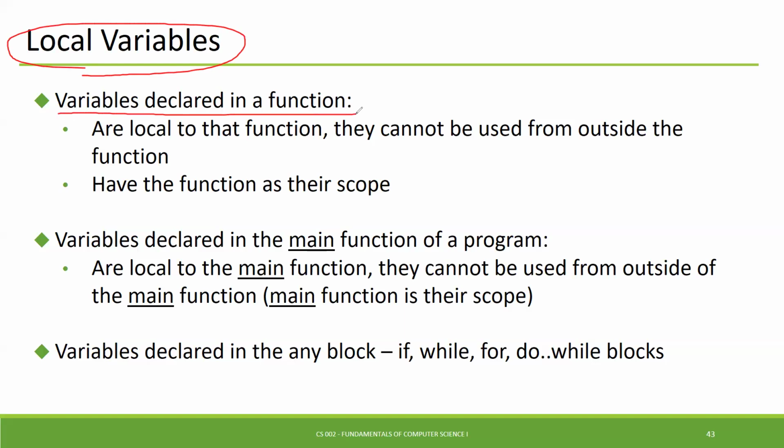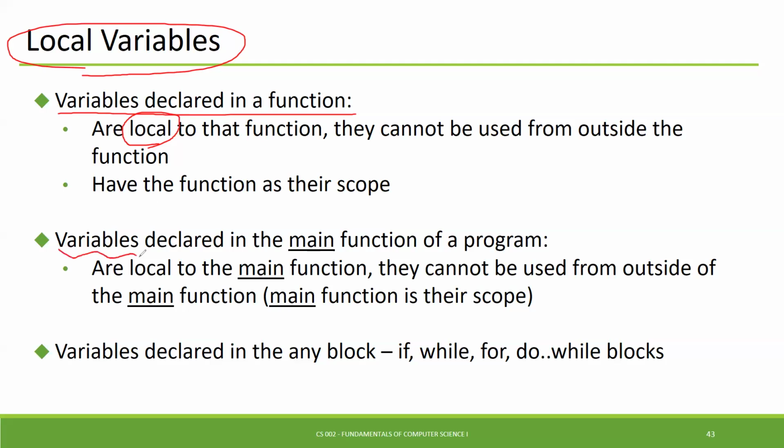If the variables are local to that function, it means that the variable cannot be used outside of the function, and we say that it is the scope of the variable. I'll show you an example in the next slide.